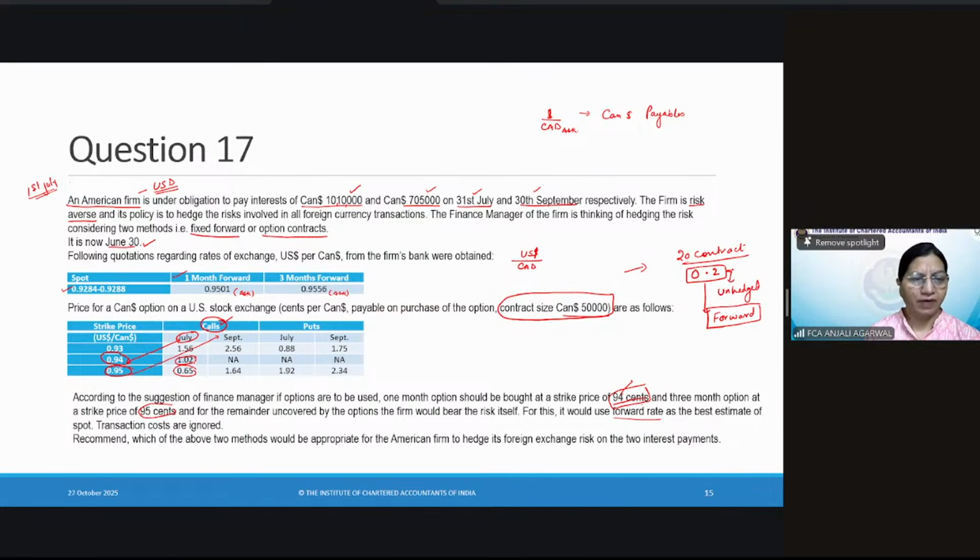However, you can't ignore this 1.02 and 0.6. Why? This is the option premium. So strike price is this. Calls are available at this premium and puts are available at the following. Further, the price for a Canadian dollar option. So that means these figures are the option price.